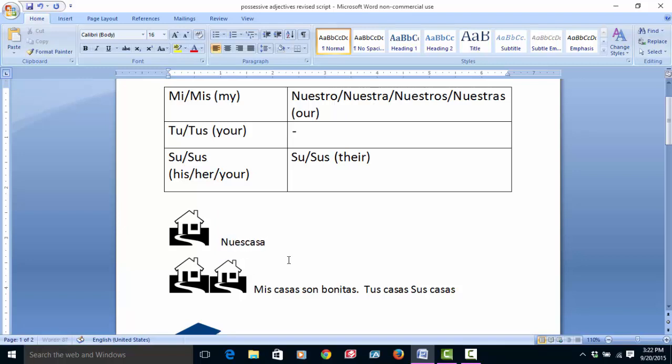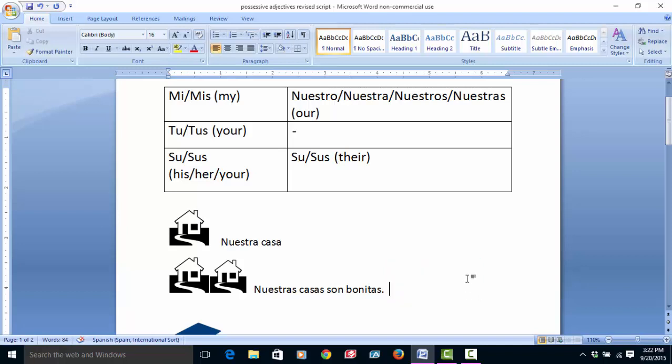So we're going to say nuestra casa, our house. Again, if we have more than one house, we're going to stay in the feminine and just make it plural. Nuestras casas.